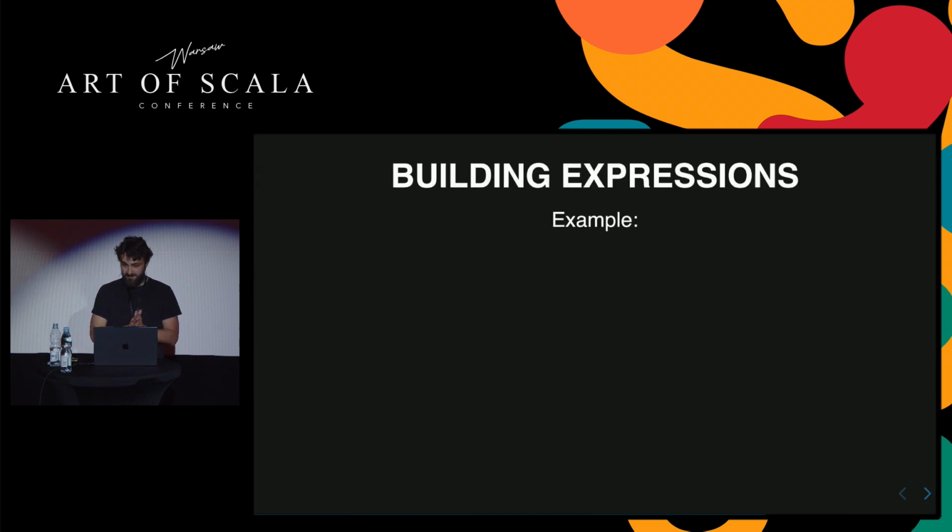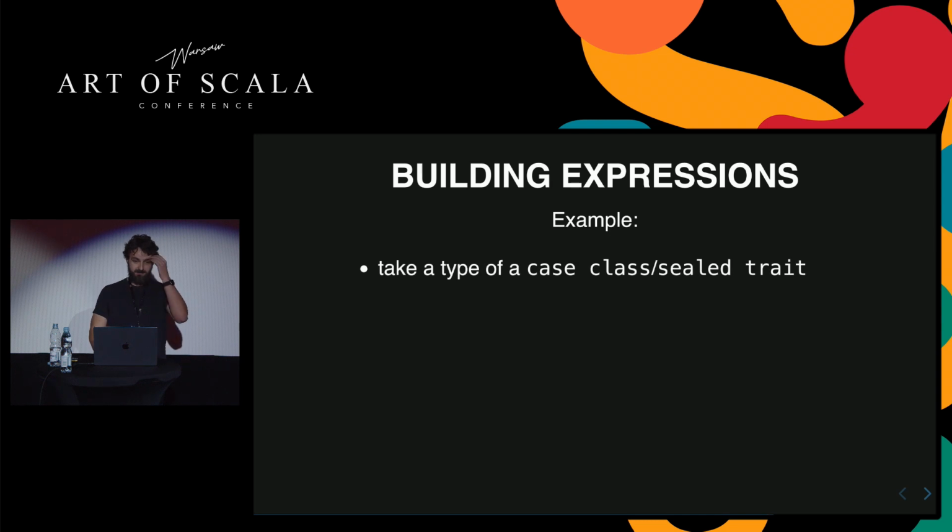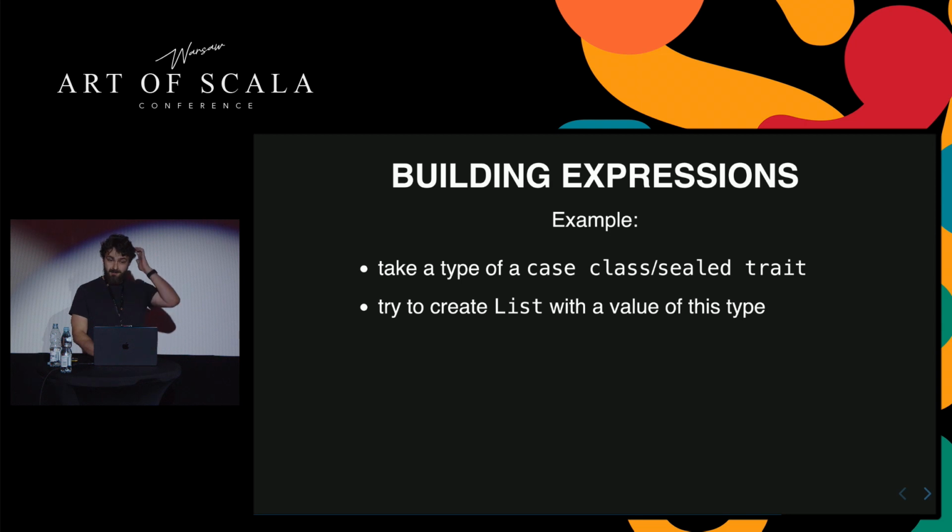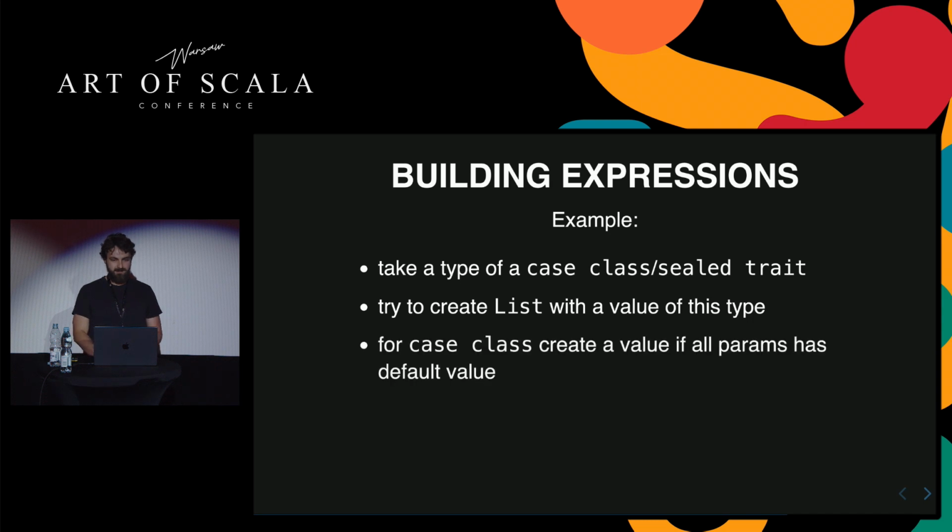Okay, so let's build a simple expression. What I mean by a simple expression is just to demonstrate a few concepts. I want to basically take only a case class or a sealed trait, and try to create a list with all the values of this type. If it's a case class, I won't want to create this value unless all the parameters of this case class have default values.